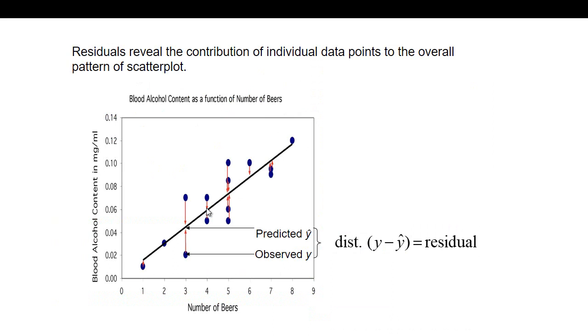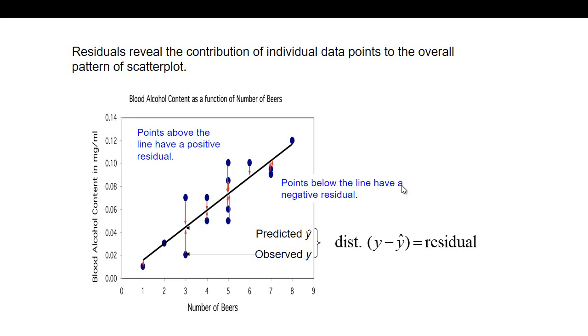The residuals, remember, are the distances from the data point to the regression line, and they reveal the contribution of individual data points to the overall pattern of the scatter plot. Points above the regression line will have a positive residual.